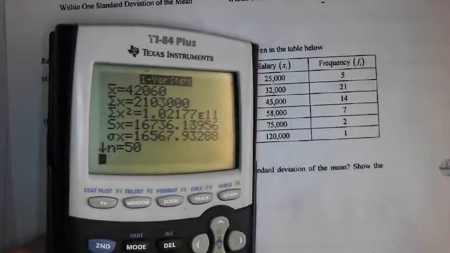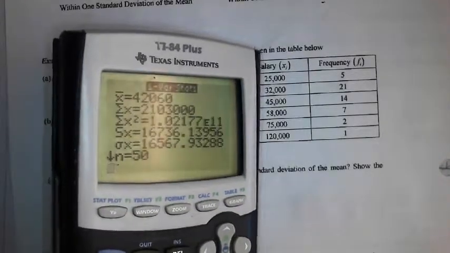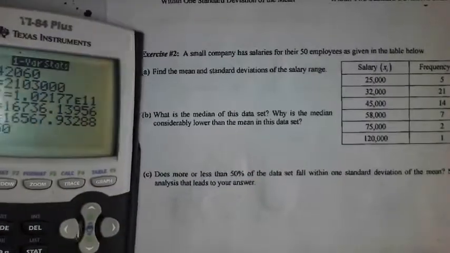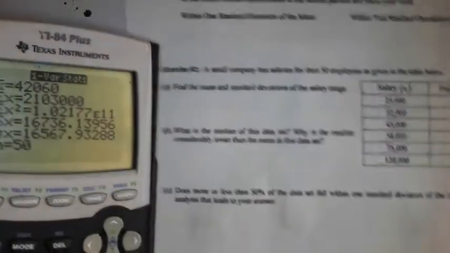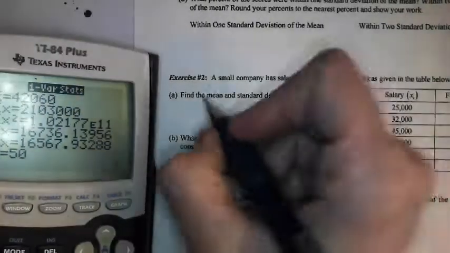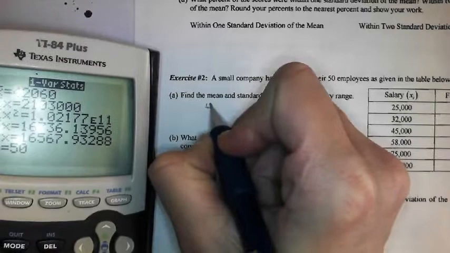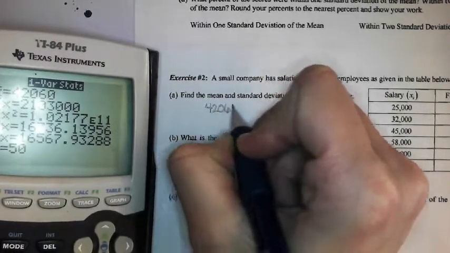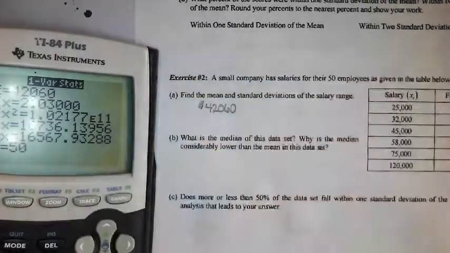So we've got obviously all the numbers in front of us. Let's see what they ask for. The mean, 42,060.